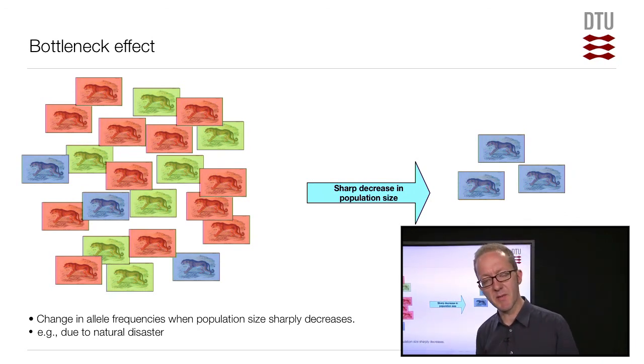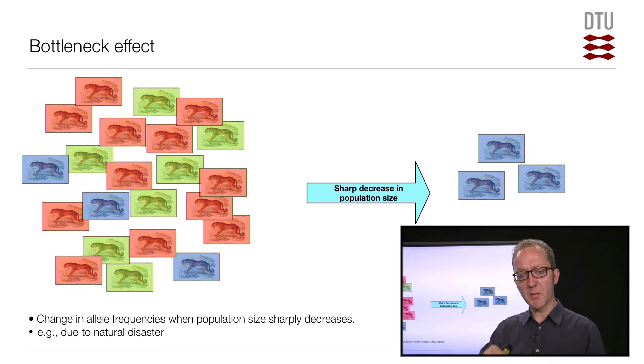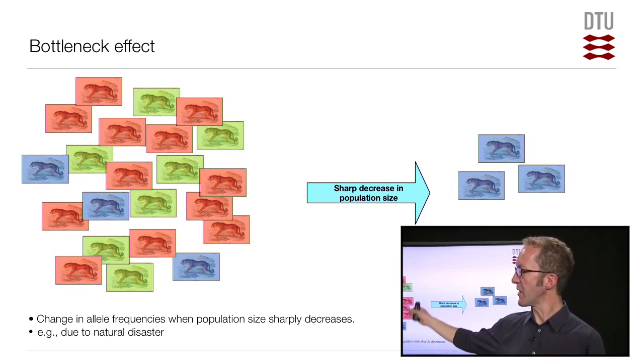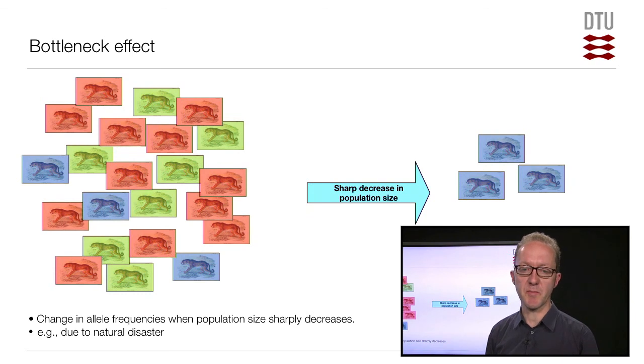So imagine you have a population of organisms with a number of different alleles present, illustrated on this slide with the different colors.